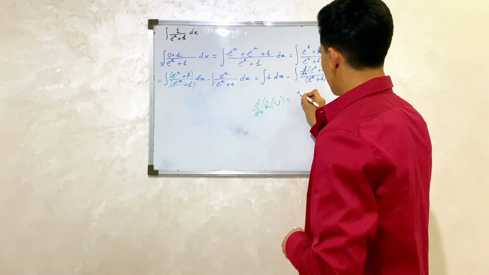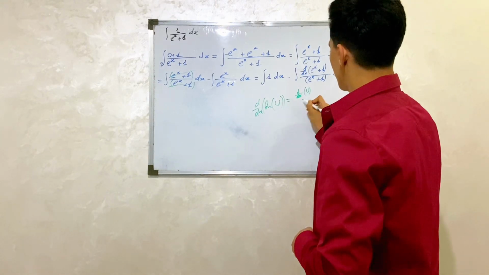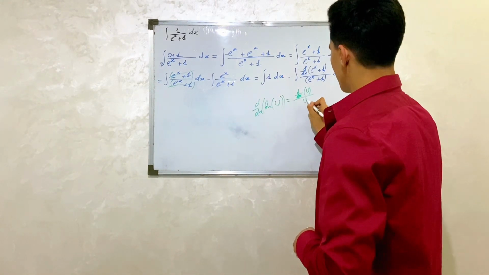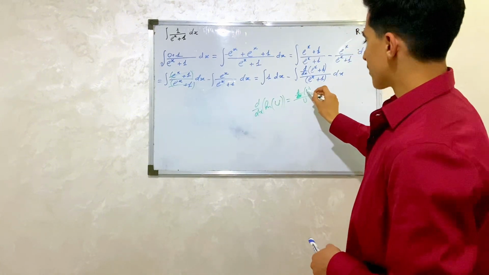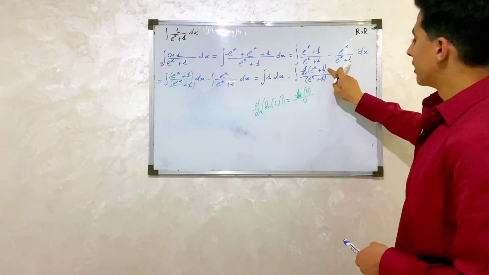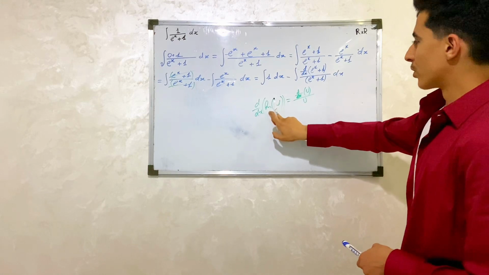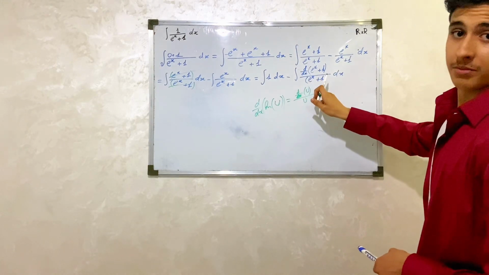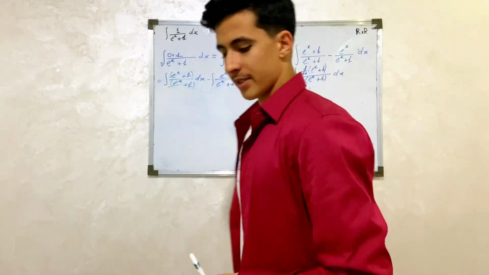So it's basically d/dx of u over u. This is the derivative of the ln of a function: the derivative of the function over the function itself, which is what we have here. Meaning that this is the derivative of the natural log of e to the x plus 1. So we can just do that in the next step.